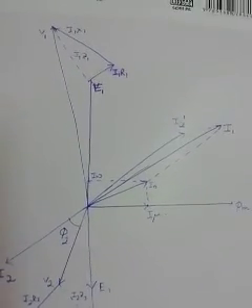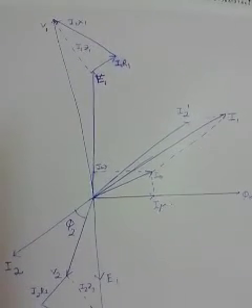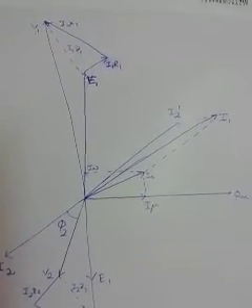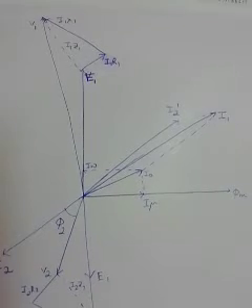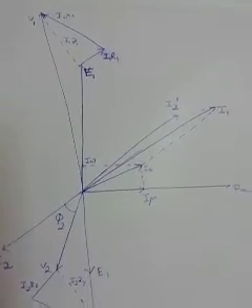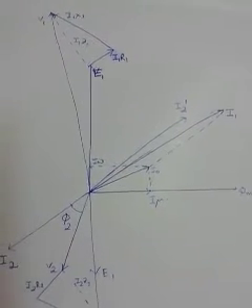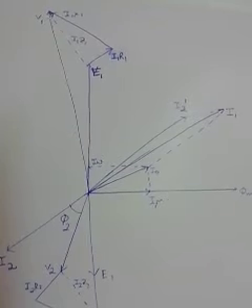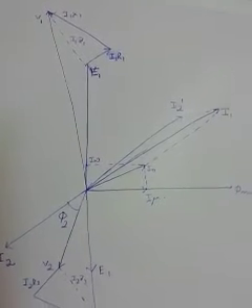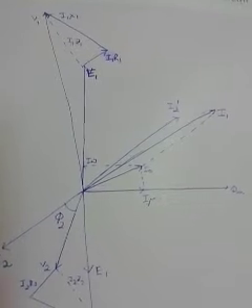Now from the concept of transformer operating principle, we have seen that once V1 is given to the primary end, then obviously some primary current will flow, and once the flux is produced within the magnetic core, the flux is cut by the T1 turns and this E1 is induced. So E1 is nothing but the self-induced EMF due to the flux produced within the magnetic core.